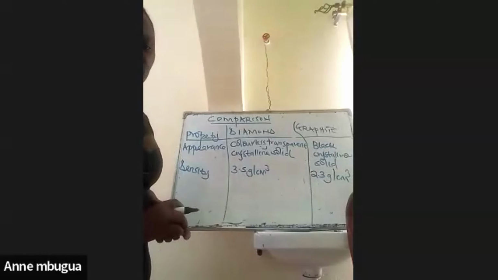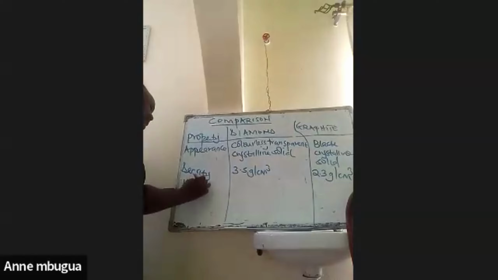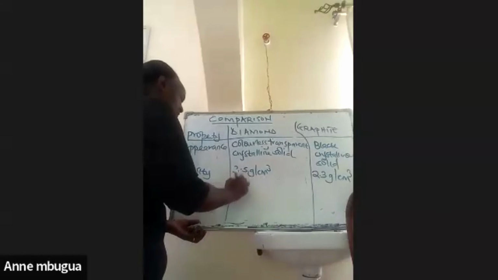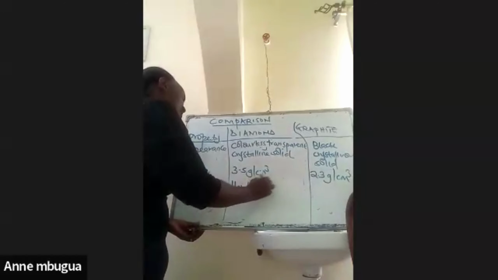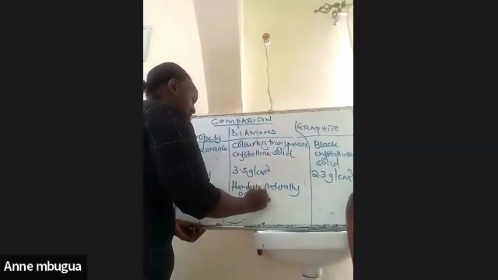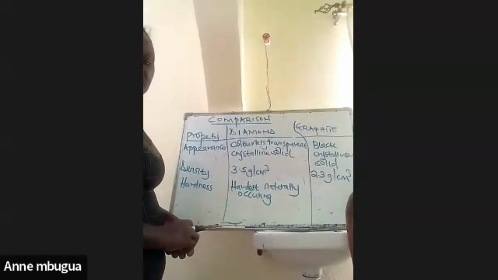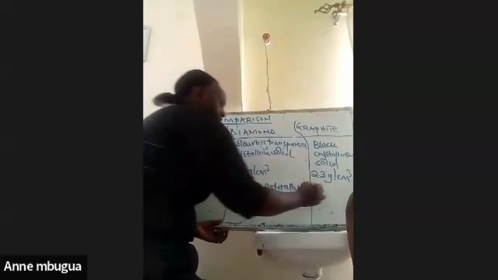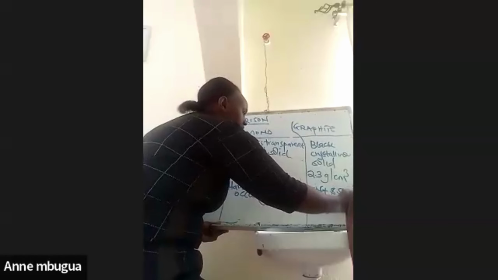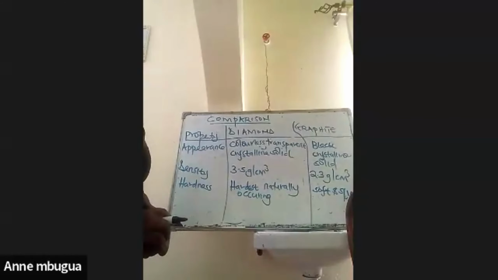The other property is hardness, and we've seen that diamond is the hardest naturally occurring substance, while graphite is soft and slippery.